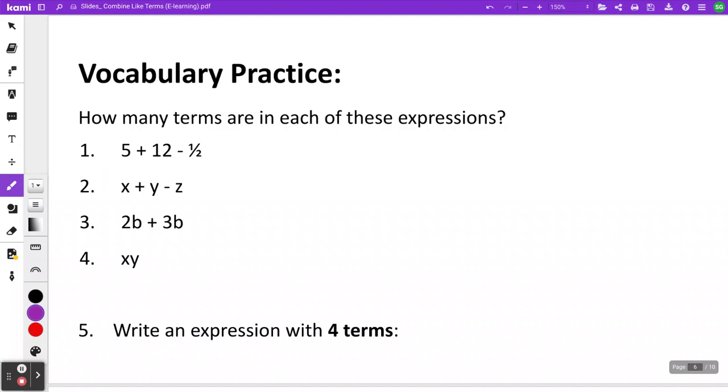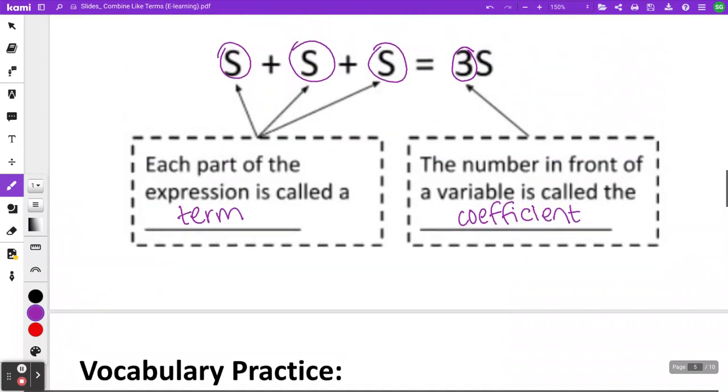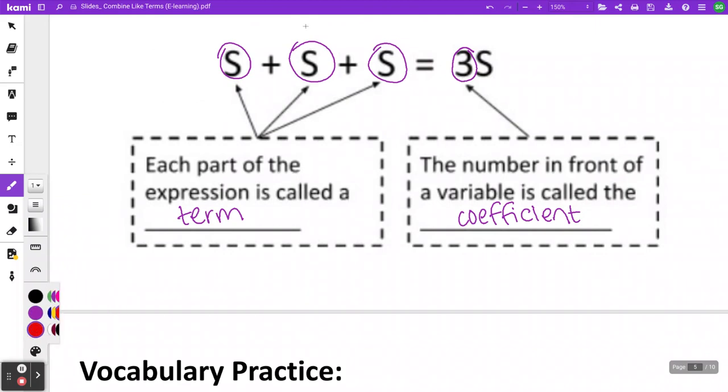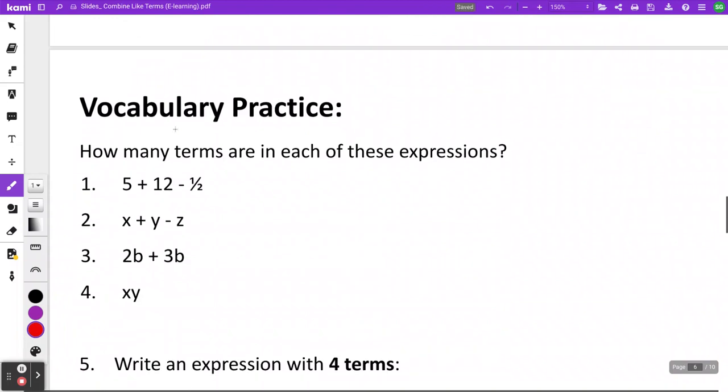My question is, how many terms are in each of these expressions? The key to identifying terms is terms are always going to be separated by plus or minus signs. So for example, if I come back here, notice all of my terms here are separated with plus signs. If I look at number 1, there's no variables here, but we still have terms.